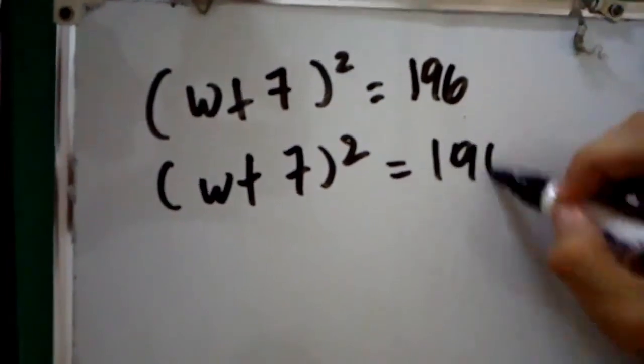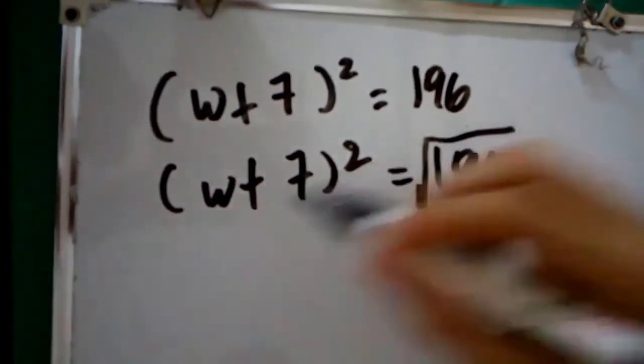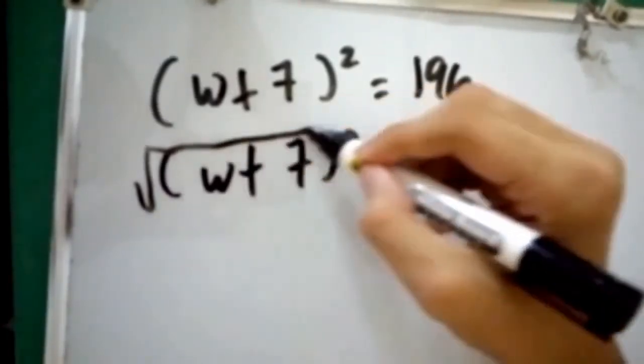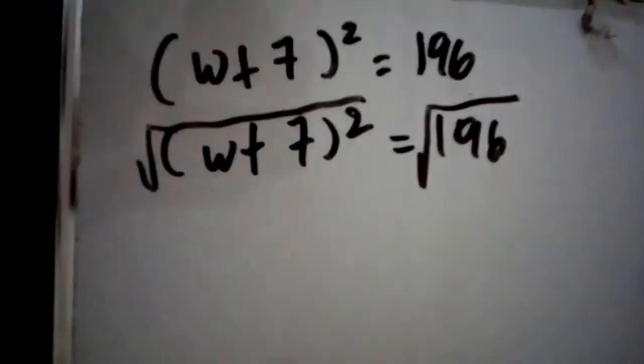So what are we going to do? We can now extract the square root, and 196 is a perfect square number.